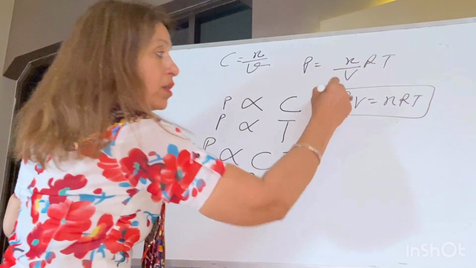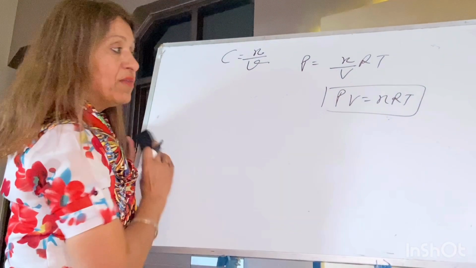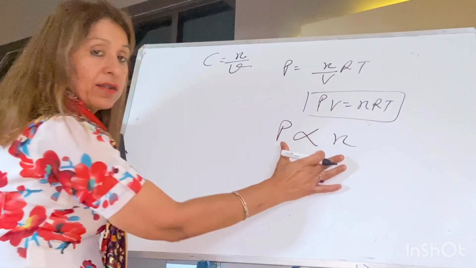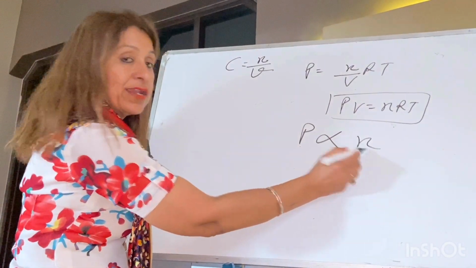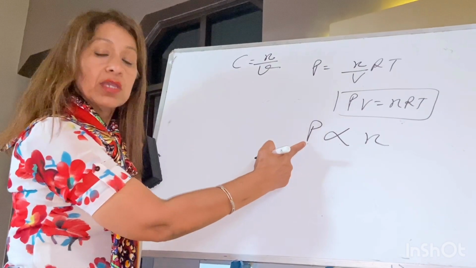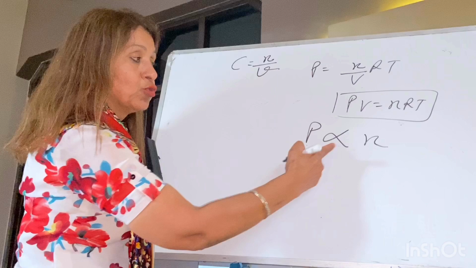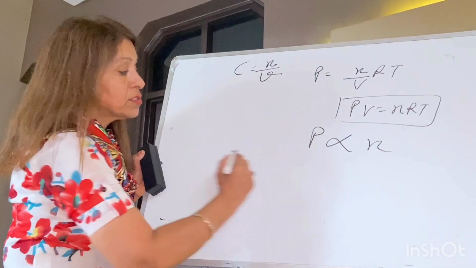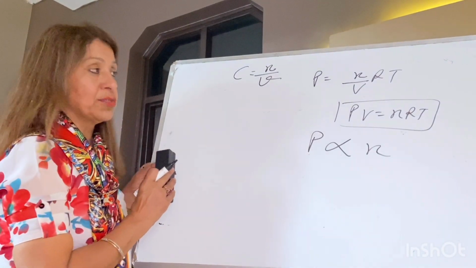In the next lecture, we will take the numericals. Now, PV is equal to nRT. This means P is proportional to n. Any property which depends upon n is colligative. So that clears it: osmotic pressure is a colligative property because it is directly proportional to the number of moles of solute. You can write, hence it is proved, osmotic pressure is a colligative property.